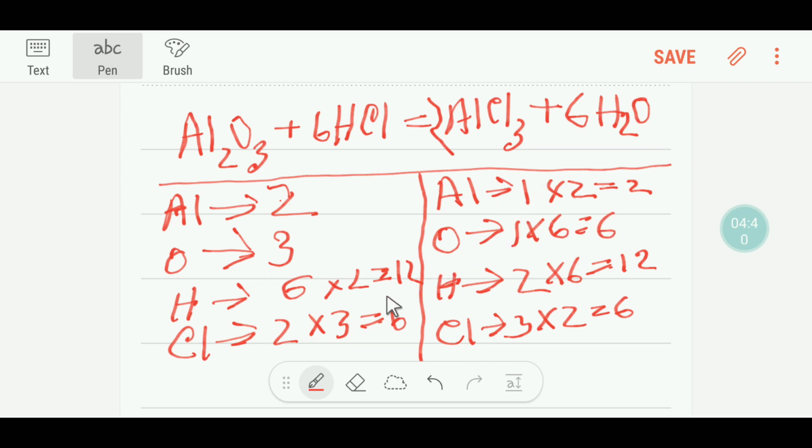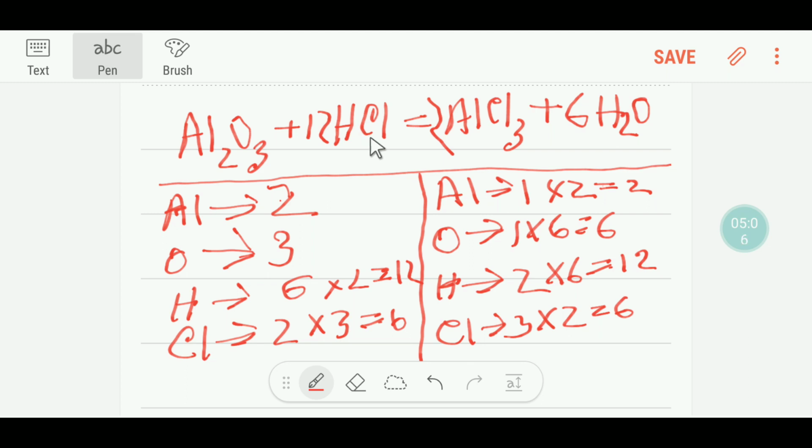Okay, so here this 2 will come before this hydrogen that is here, right? So 6 times 2, that gives us 12, right? So I will write here 12. If I put here 12, my number of chlorine will be changed.